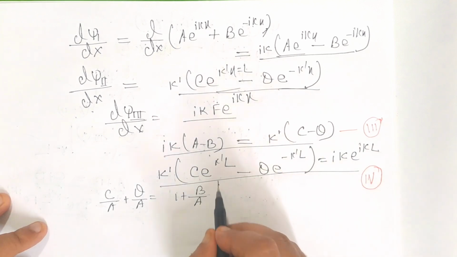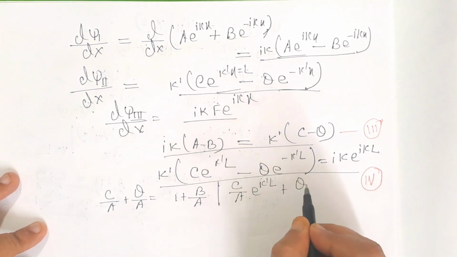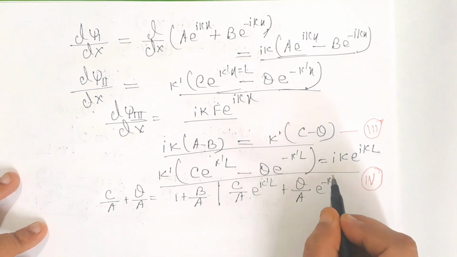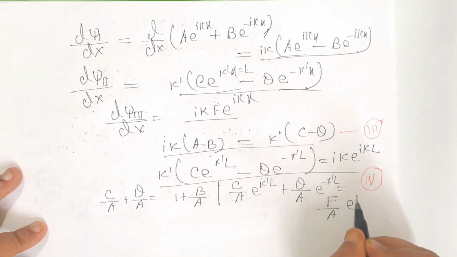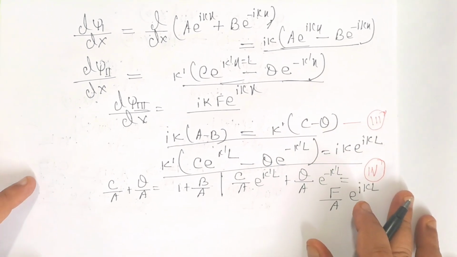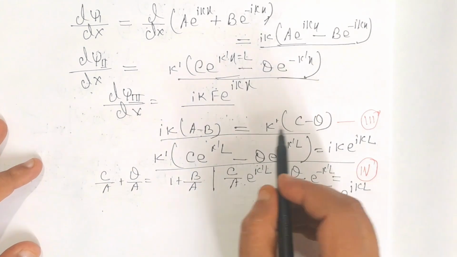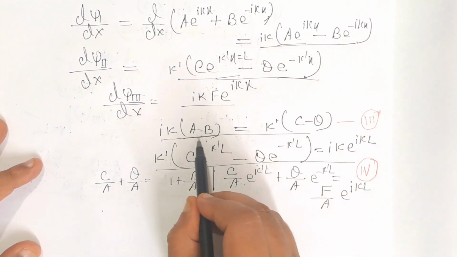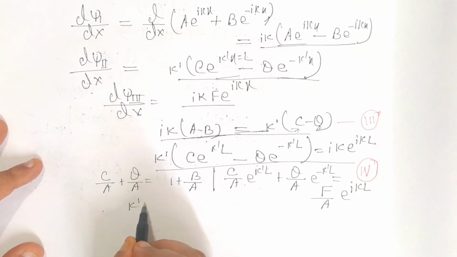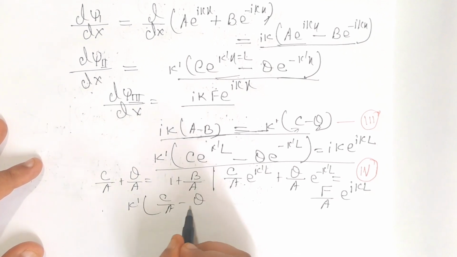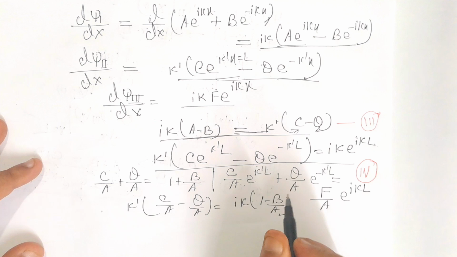So we will get c by a e to the power k' L plus d by a e to the power minus k' L equal to f divided by a e to the power i k L. Again we can divide this equation by a, and we will get k' (c by a minus d by a) equal to i k (1 minus b by a).